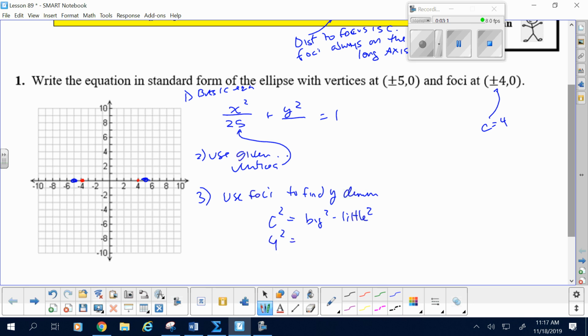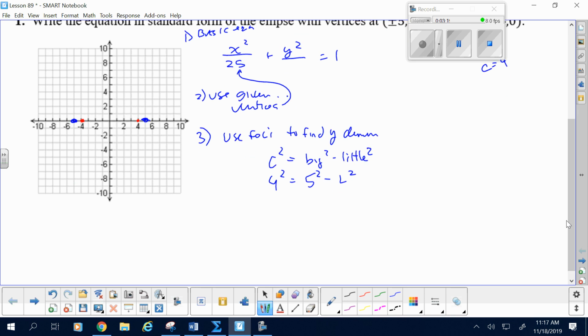What is the big? 5 squared. And the little is what we're looking for. I'm just going to call it L squared if you don't mind. So if I go with 16 equals 25 minus little squared, then I'm going to add little squared over and subtract 16 over, and I get L squared is 9.